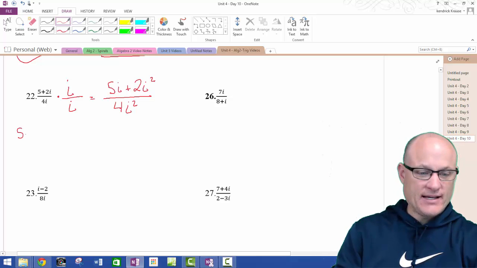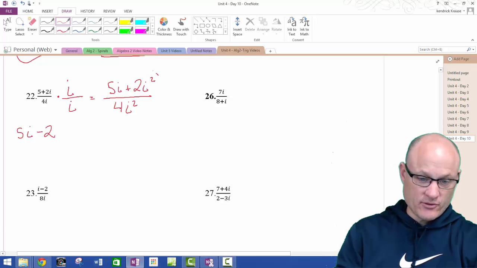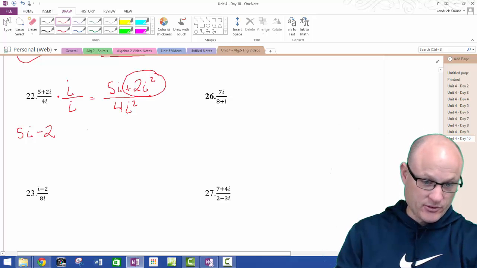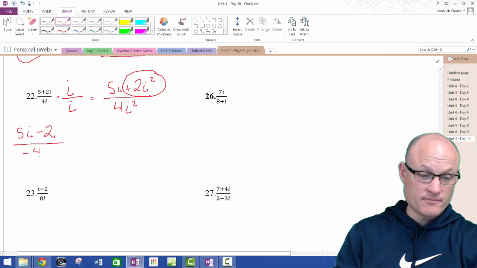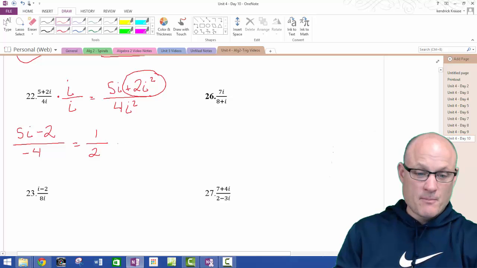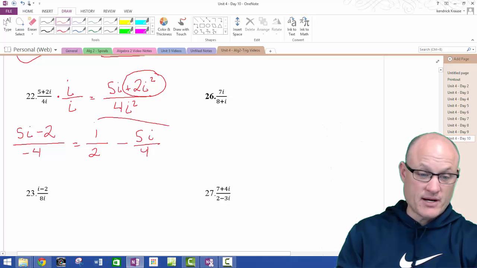So it's 5i minus 2, because remember, this is multiplying by negative 1, so that's minus 2, all over 4 times negative 1 is negative 4. So final answer: negative 2 divided by negative 4, we'll call that 1/2, minus, it's 5i over negative 4, so it's minus 5i over 4. But notice I just put the minus out in the front.